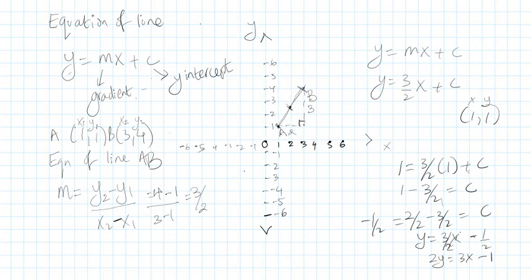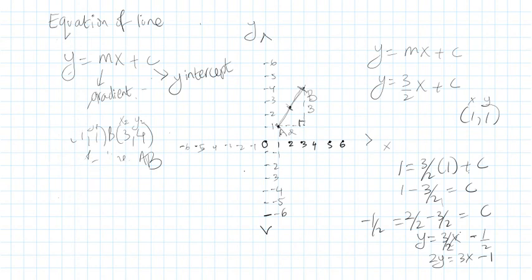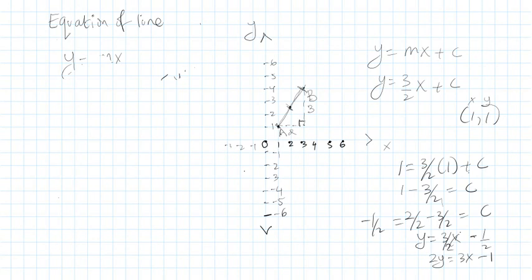Now we're going to explore another section, which is parallel and perpendicular lines. Even before I try to work out the equation of parallel lines, you need to know what they mean.